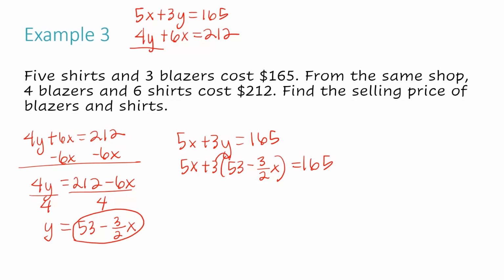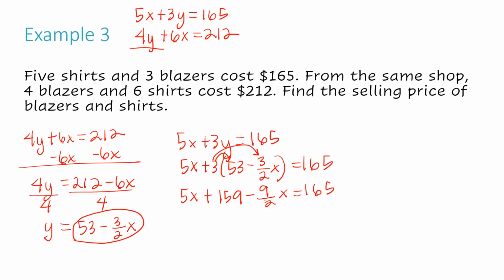Okay, now I'm going to do distributive property. 5x plus what's 3 times 53? Let's see, that would be 159 minus 9 halves x, which equals 165.